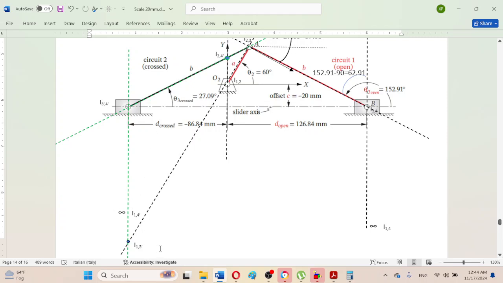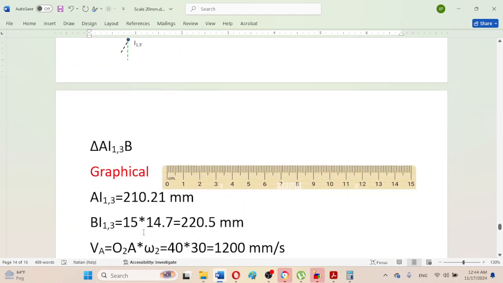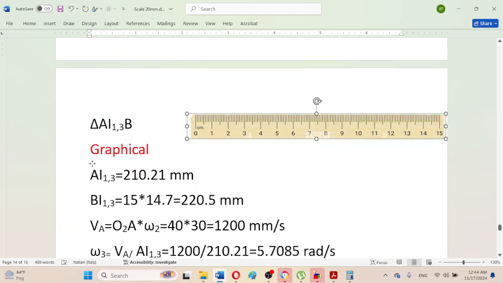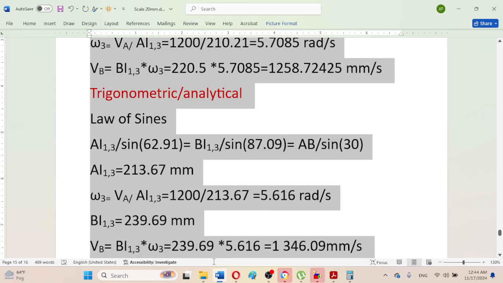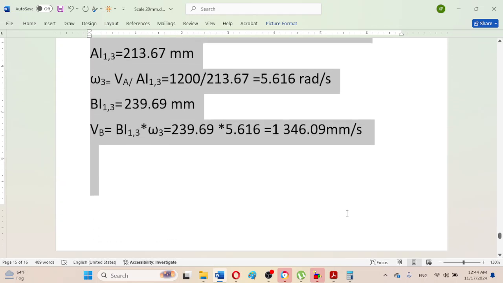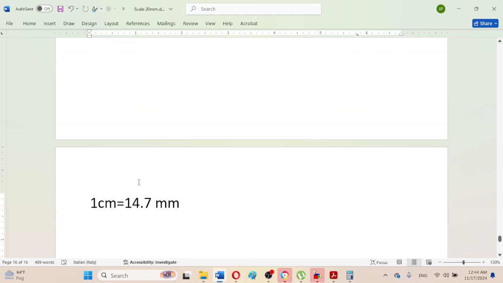In a similar manner we will be solving the parallel. So I can just copy the same text here and copy it onto the next page.